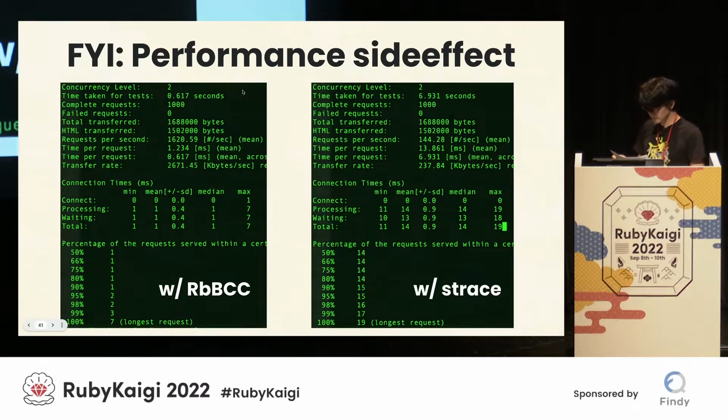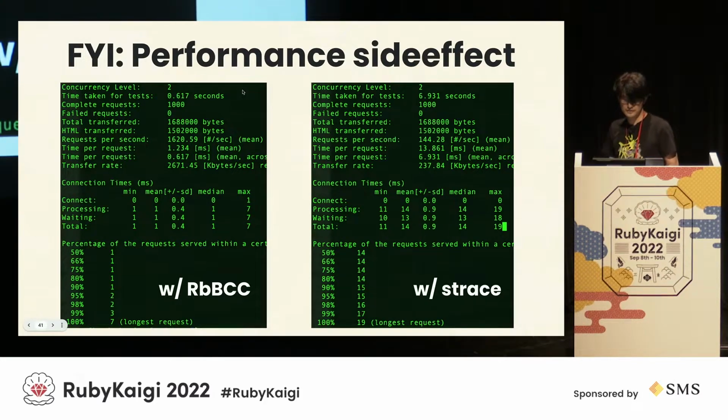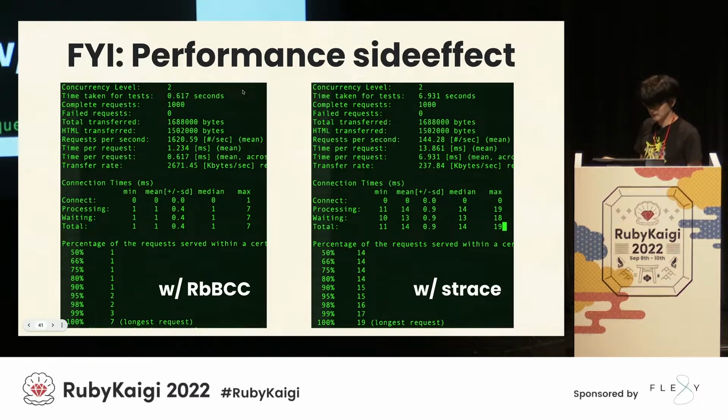But when strace is tracing some program, the performance gets somewhat deteriorated, but BPF causes much less deterioration. It can be used for live processes or production applications with little negative effect.